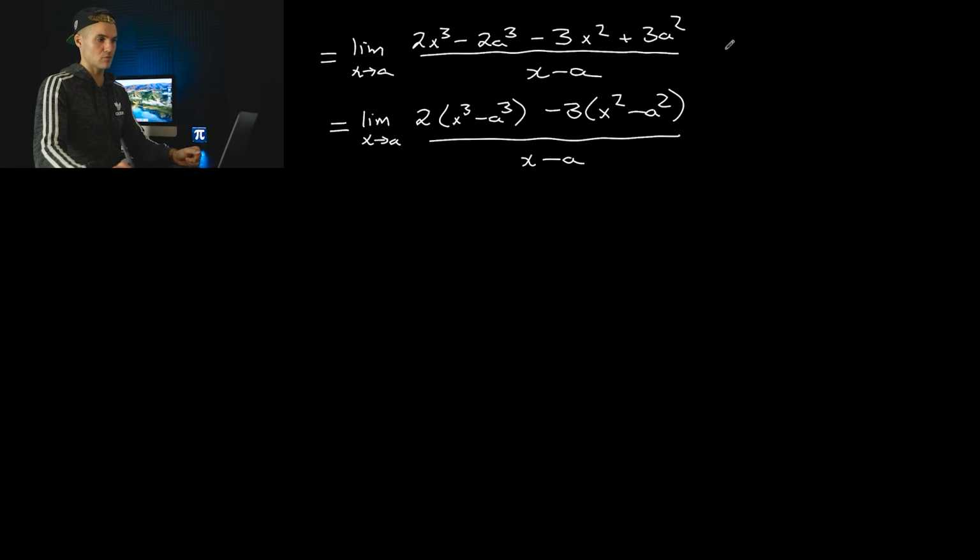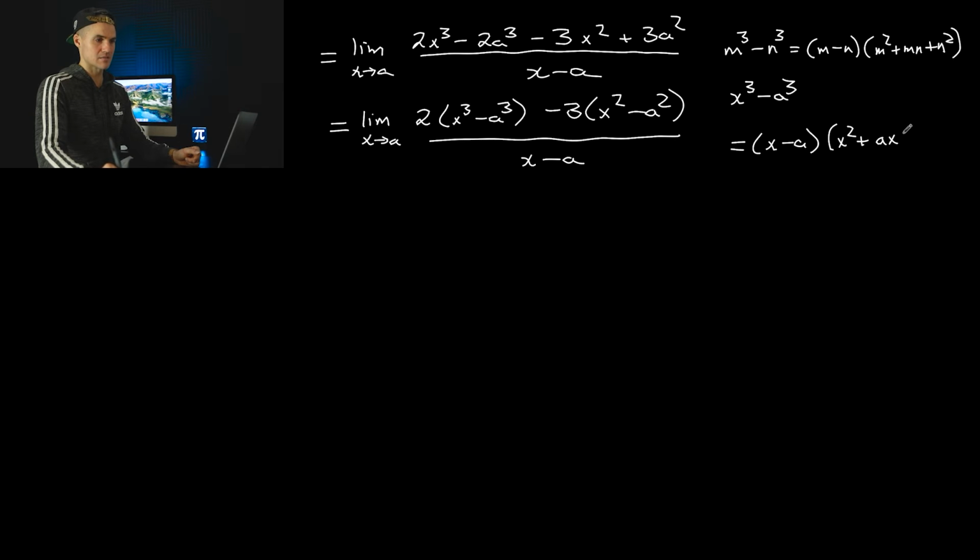Now this x cubed minus a cubed, if you remember just in general, a difference of cubes, this is the formula, right? m minus n, m squared plus mn plus n squared, like that. So this is going to be x cubed minus a cubed. Let's factor it on the side. That's going to be x minus a, and then x squared plus ax plus a squared, I believe, right?